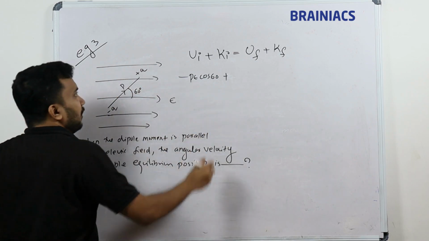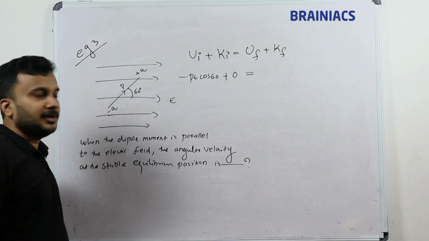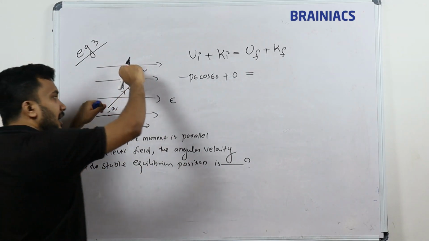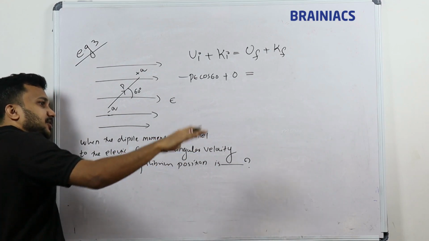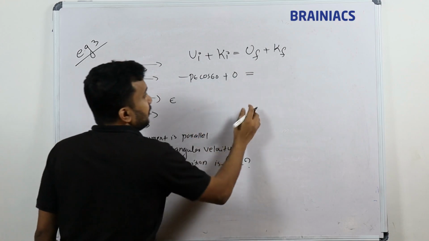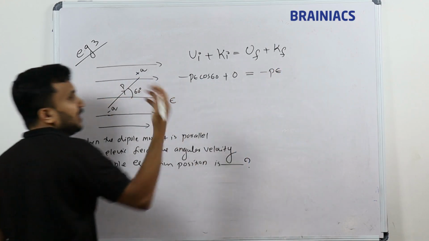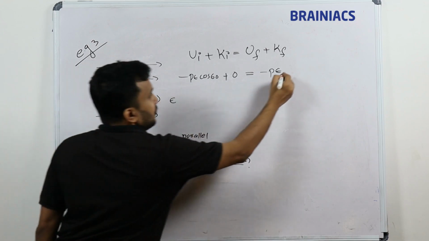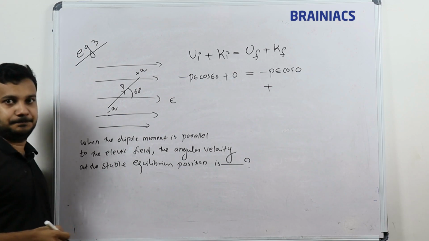Then I take it to the stable equilibrium position, where it will have a jerk and come to rest. So what is that jerking speed? Final potential energy is minus PE cos of the final angle, which is 0 degrees, plus final kinetic energy.